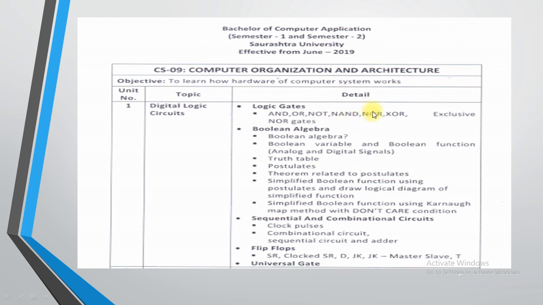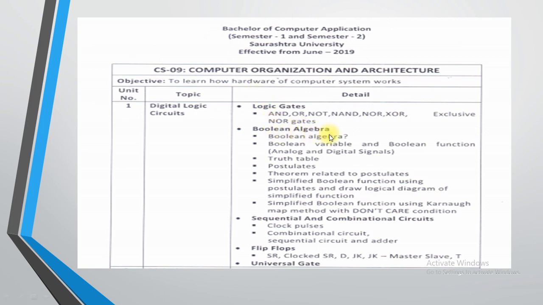These two gates are referred to as universal gates, and XOR and XNOR. These 2 gates are related with the exclusive gates. So logic gates are divided into 3 portions: basic logic gates, universal gates and exclusive gates.